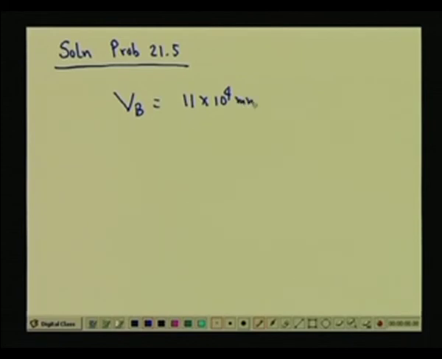So, let us look at that. Solution to problem 21.5. The volume of the bulb will be given by 11 into 10 to the power 4 millimeter cube.